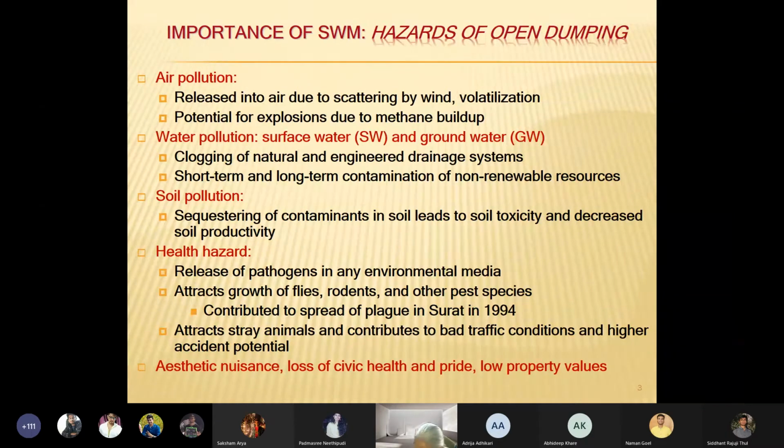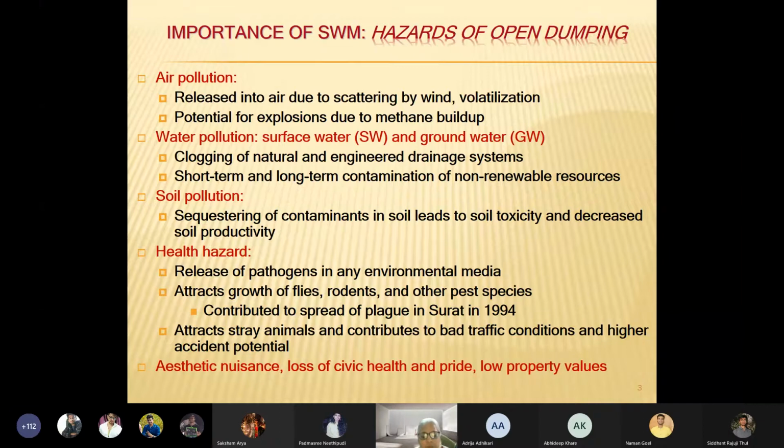Like I said, I've taken a particular perspective, which again has some contradictions here, so we'll have to deal with that. But the focus has been on solid waste management. And in our country, most of us have been looking at open dumping.